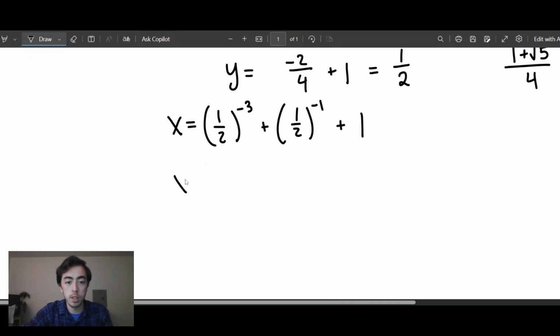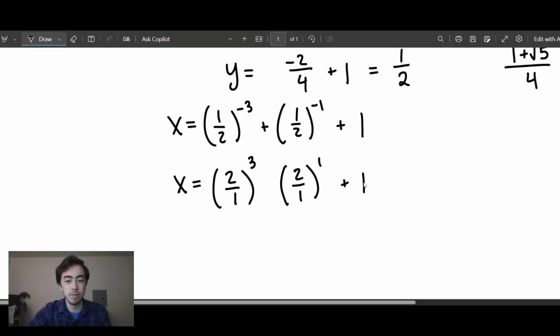And one way to get rid of them is if you flip the fraction and take away the negative sign, that leaves the value the same. So I could flip the 1/2, make it a 2, and that can remove the negative sign for me. Same thing's happening here. I can flip this, remove the negative sign, and this plus 1 is still just a plus 1.